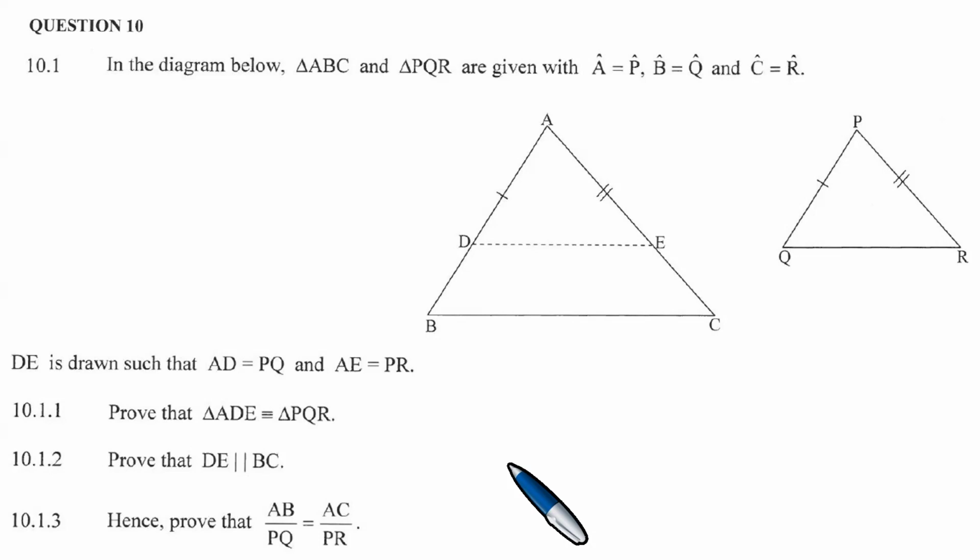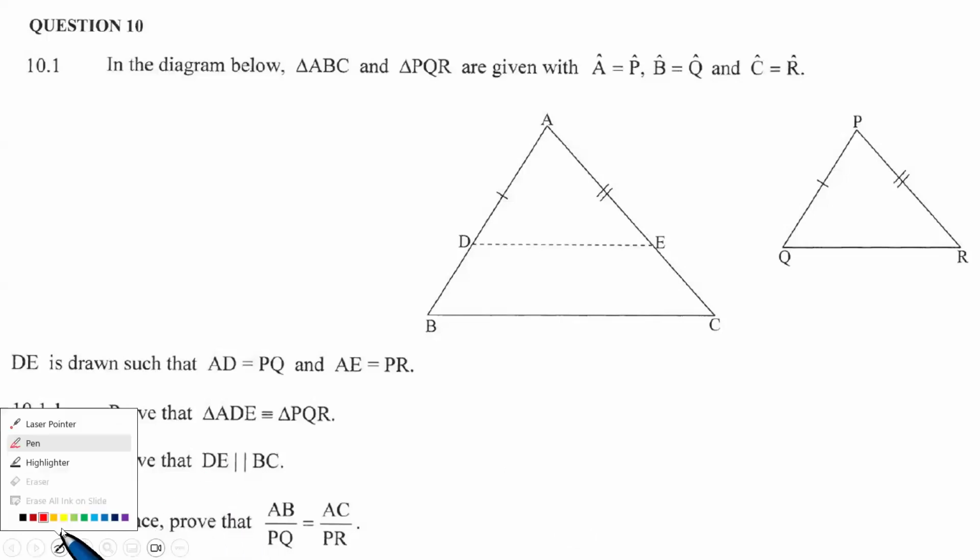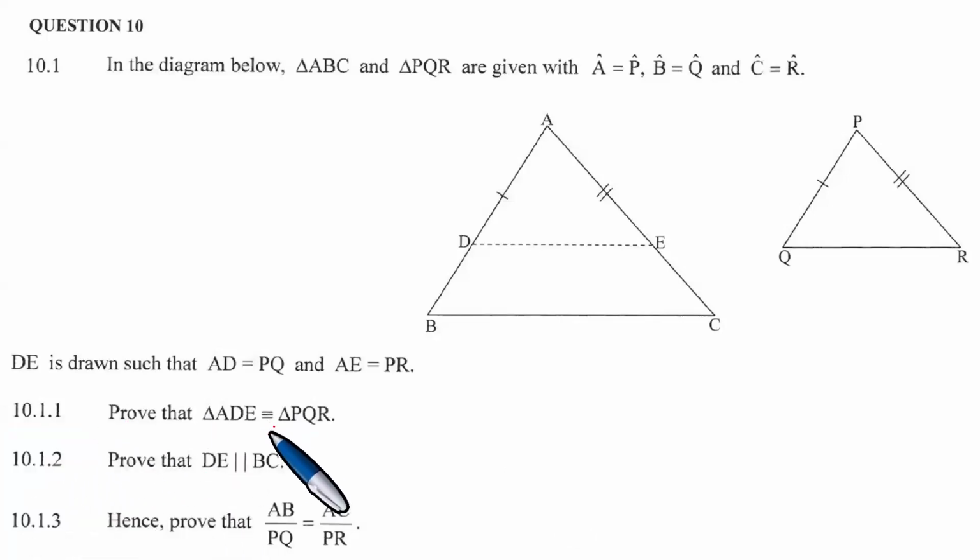Now to prove this one here is grade 10. This sign that is like these 3 lines lying down like an equal sign, they mean congruent. So now we have congruent triangles.